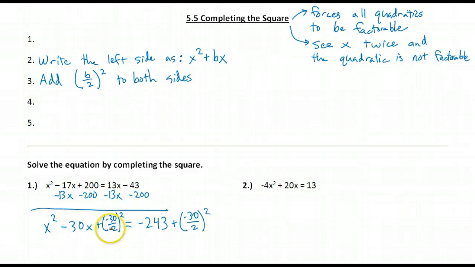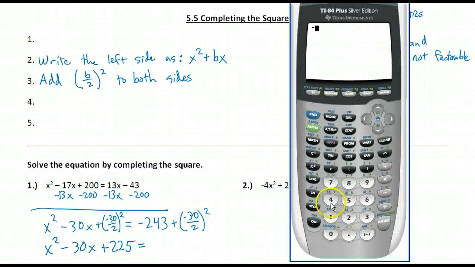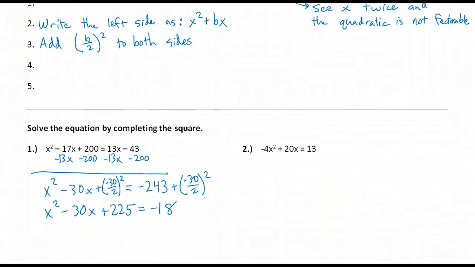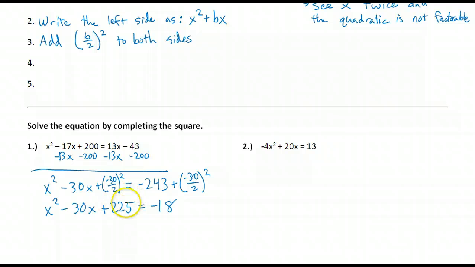Negative 15 squared is 225. Equals negative 243 plus 225, negative 18. Now adding in 225 to the left side has made the left side factorable.